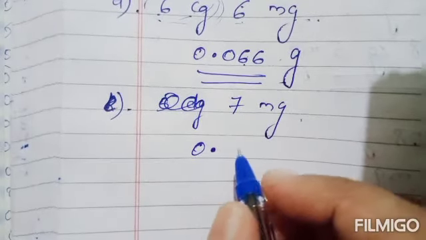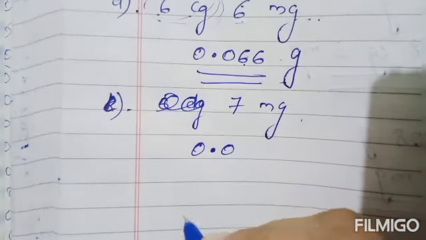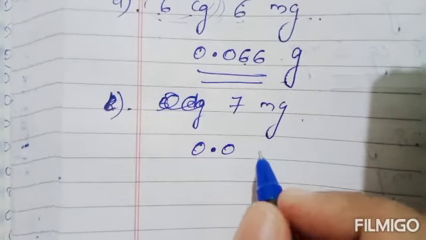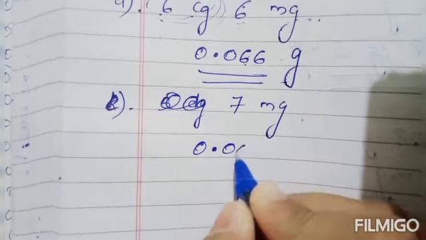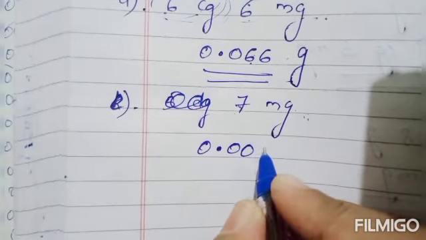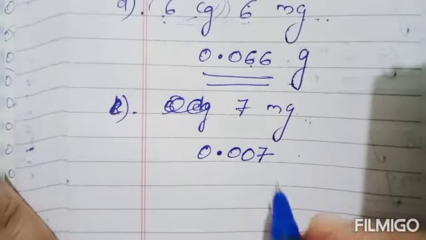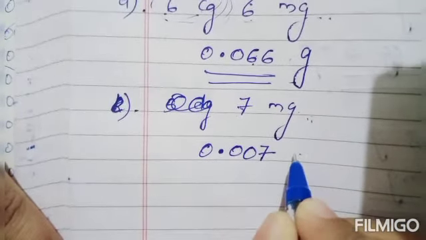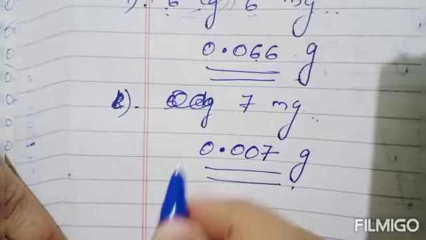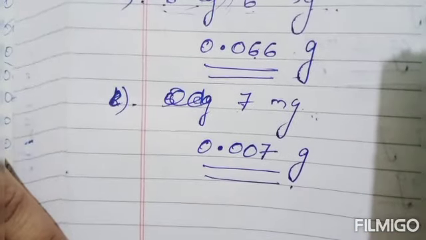After that decigram, that is also 0. After that centigram, that is also 0. Now 7 milligram is given. That will come in the thousandth place. So the thousandth place digit will be 7. 0.007 gram is the decimal notation of 7 milligram.